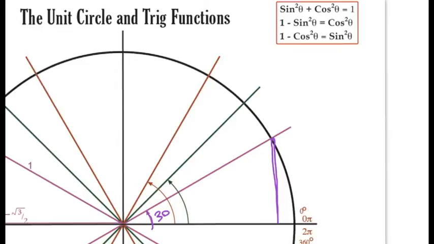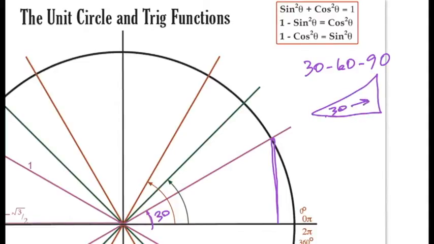Now, if you remember our 30, 60, 90 triangle, you go to your 30-degree angle, across from it is opposite, this is adjacent, this is hypotenuse. On the unit circle, when we look at the 30, 60, 90 triangle, my hypotenuse is a 1.